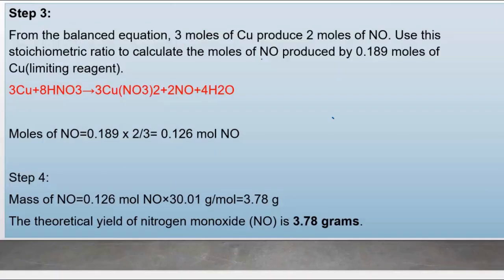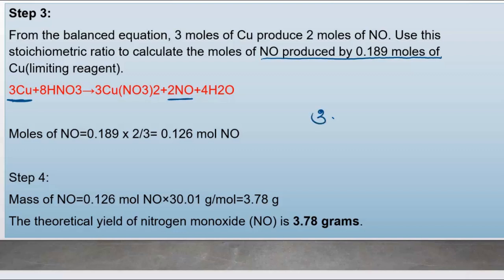You have already found out that the limiting reagent is copper. Therefore, copper will be completely consumed before the nitric acid runs out. Now, based on the balanced chemical equation, 3 moles of copper produce 2 moles of nitrogen monoxide. Therefore, you have to calculate the moles of nitrogen monoxide produced by 0.189 moles of copper.